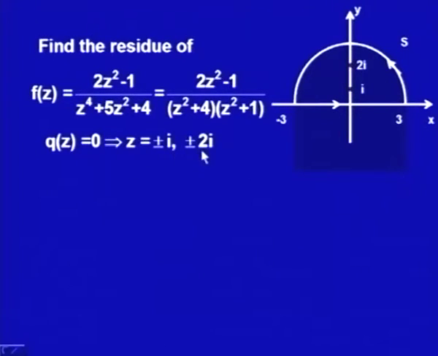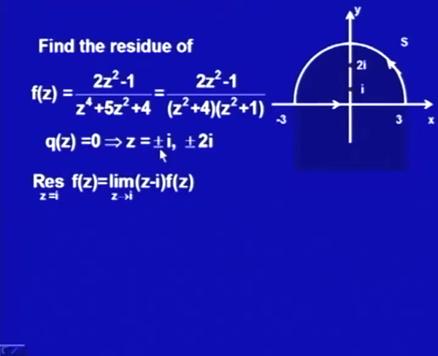So q(z) is 0 at plus minus i and plus minus 2i, hence all these zeros are simple zeros. So f(z) would have simple poles at z is equal to plus minus i and at z is equal to plus minus 2i. Now our method says we want the residues at those poles which are only in the upper half plane.